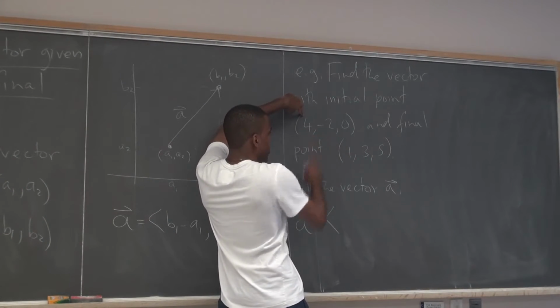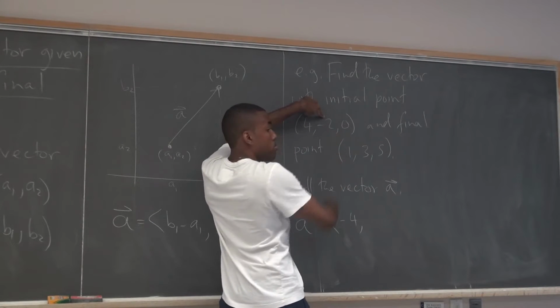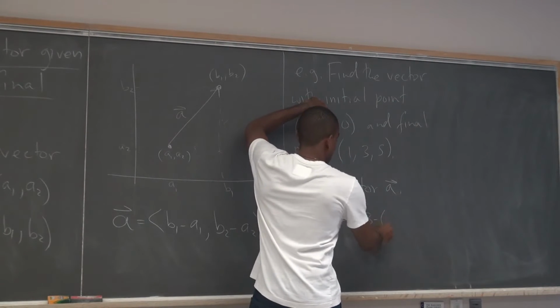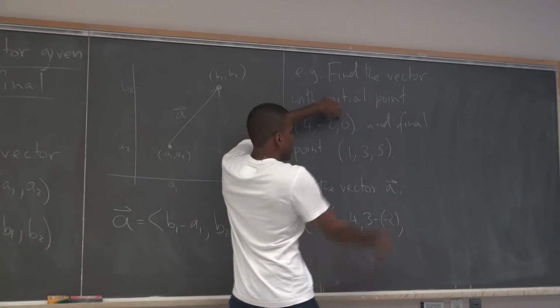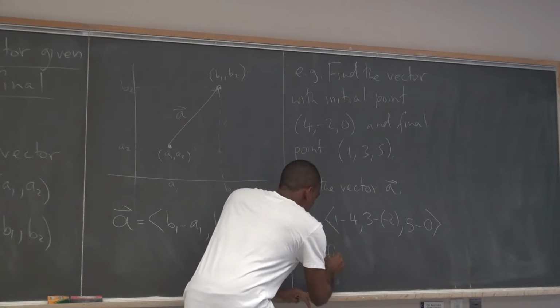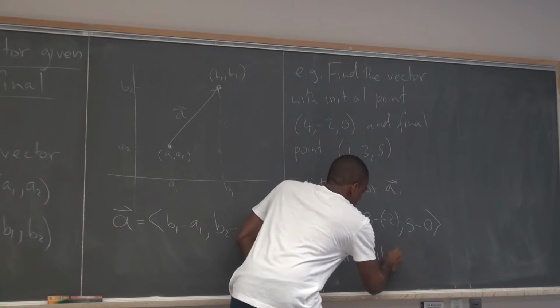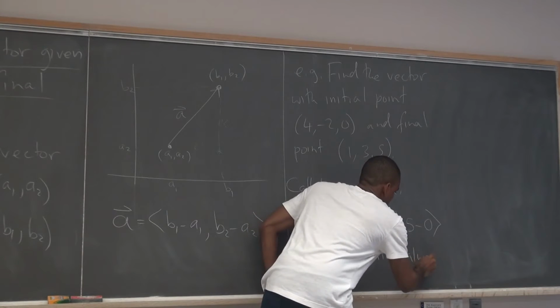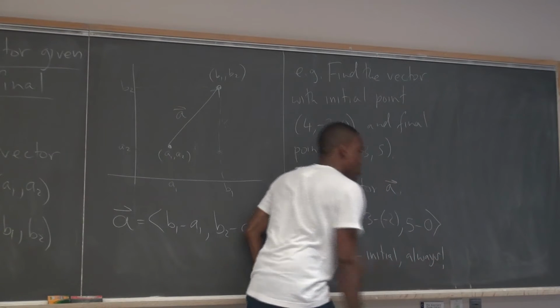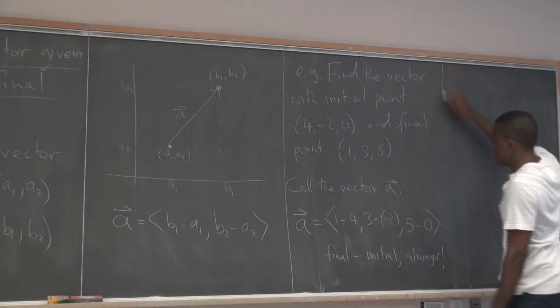So 1 minus 4, comma 3 minus minus 2, comma 5 minus 0. So it's final minus initial, always. That's to ensure that you go in the right direction. It's always final minus initial.